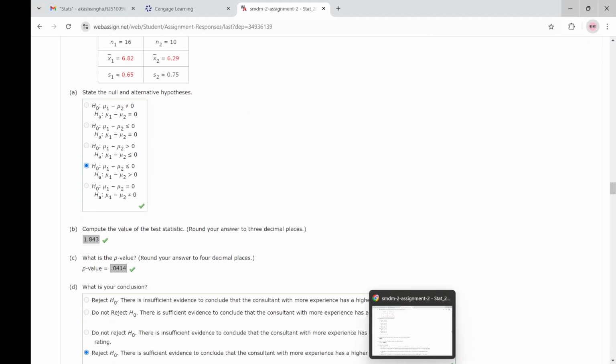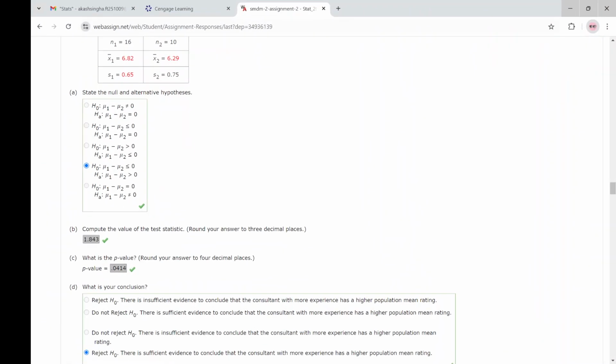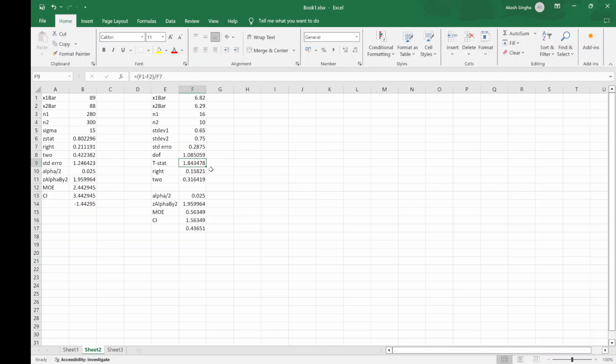Yes, and the p value, it is a right tail test. 0.15. No, 0.04.